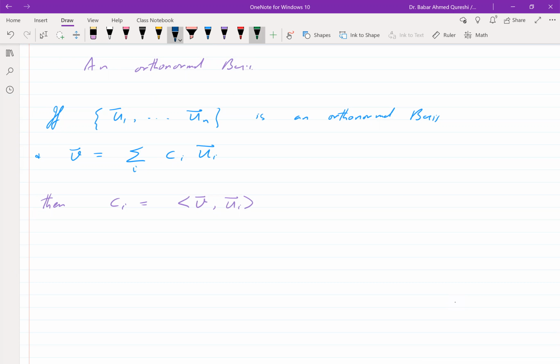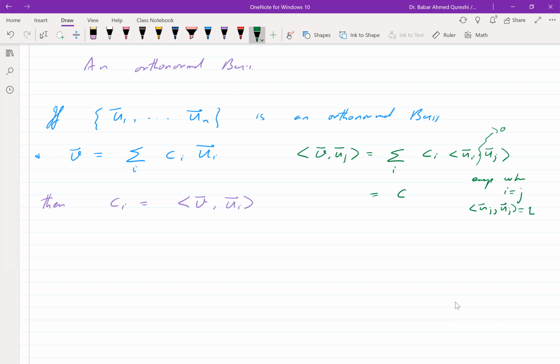You can see it very, very easily, because over here, if I take a scalar product with, let's say, uj, in this equation, this comes out. All of these are 0 except when i is equal to j, and then it's equal to 1.